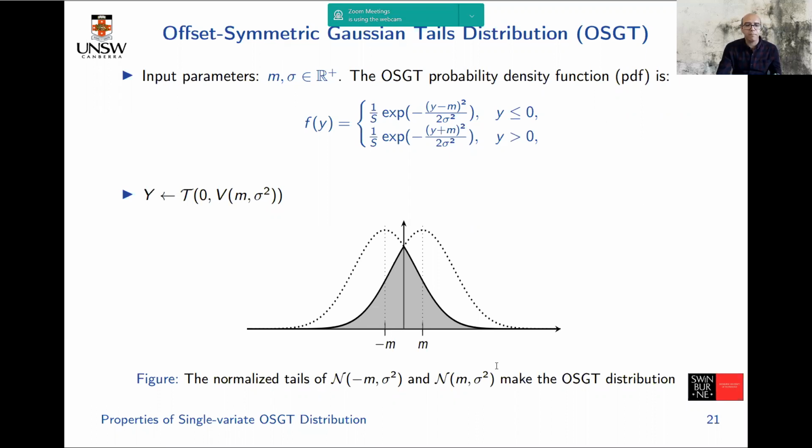So if a random variable y follows the AusCTW distribution, we can denote that with t, location 0, and with variance v, which itself depends on m and sigma squared. And sigma squared is the original variance of the two Gaussian distributions that contribute to building this distribution, with location m.